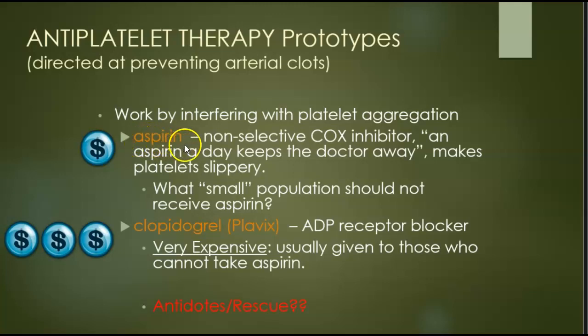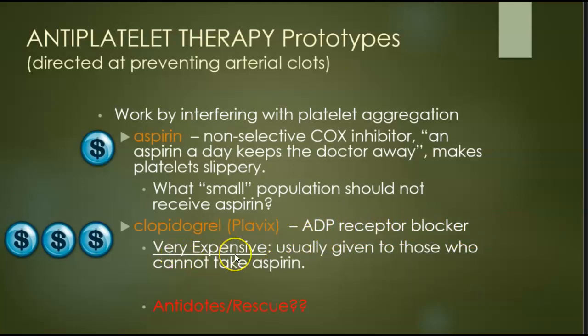So aspirin is one. It's a non-selective COX inhibitor and makes your platelets slippery and works well. And it's very inexpensive. It can be purchased over the counter. Now, clopidogrel or Plavix is much more expensive, and it is an ADP receptor blocker, this adenosine phosphate receptor blocker.